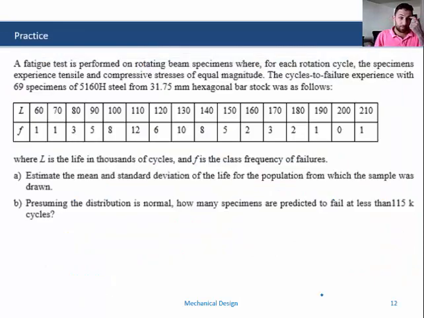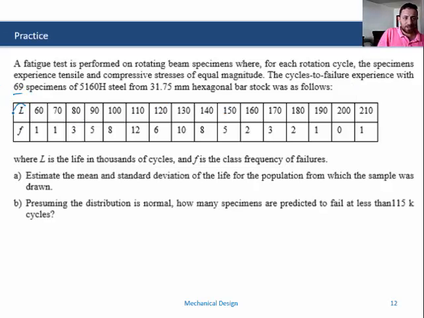Let's take another example at which you need to calculate the mean and the standard deviation. A fatigue test is performed on a rotating beam specimen. For each rotating cycle, the specimens experience tensile and compressive stresses at equal magnitudes. The cycles to failure, the number of cycles or rotations to fail, of 69 specimens are given in this table.